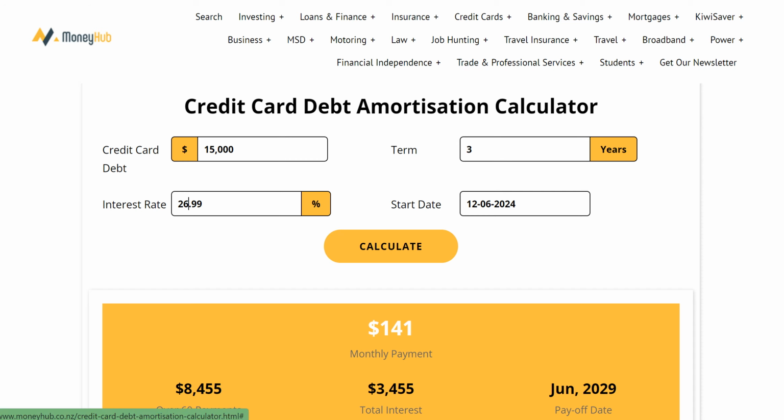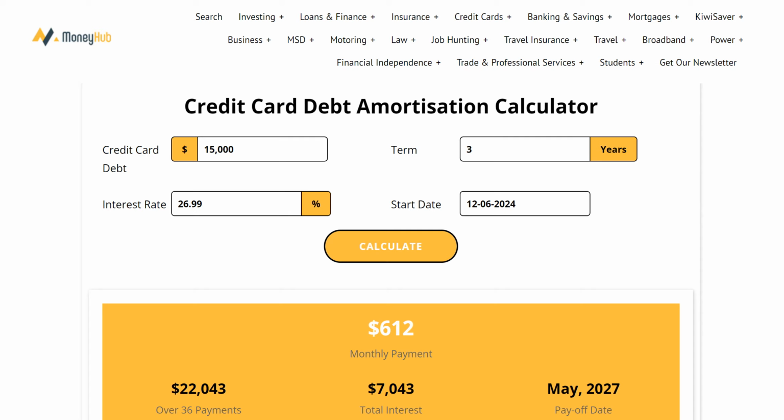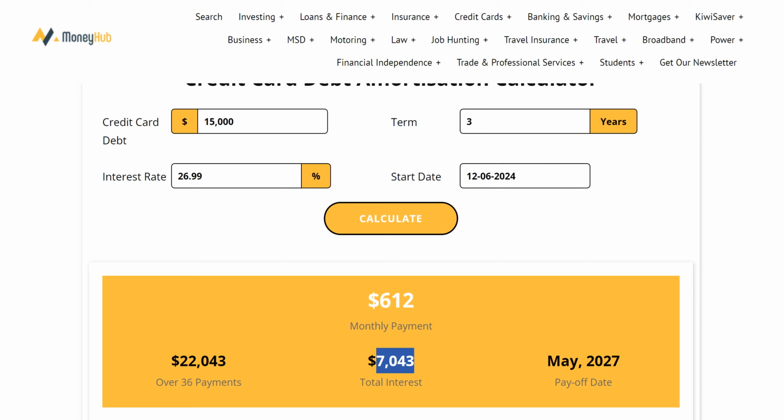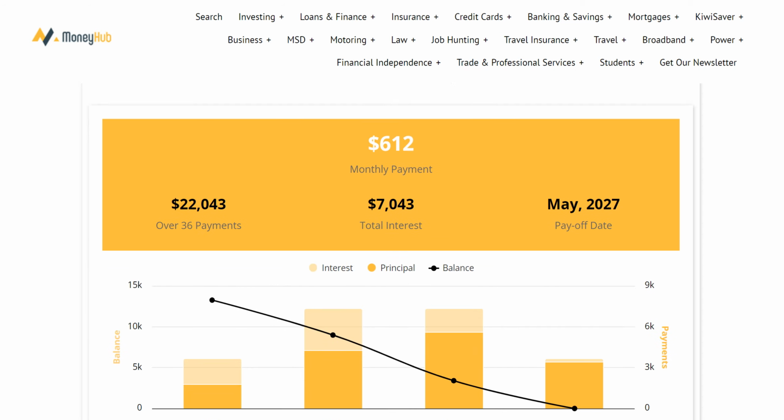So if we just put down 26.99 and calculate, you can see that from that $15,000, you're going to pay around $7,000 of interest if you make a determination to pay it off over 3 years. And it's going to be a total payment of $22,000. Your monthly payment's going to be $612, which is quite a lot.